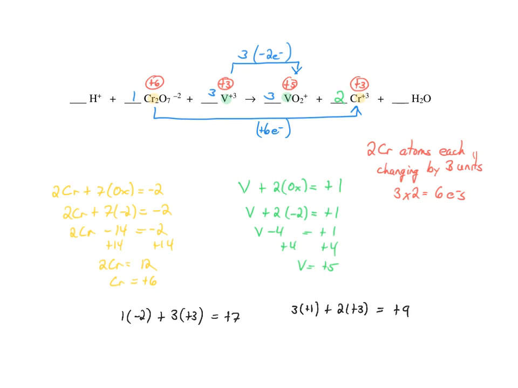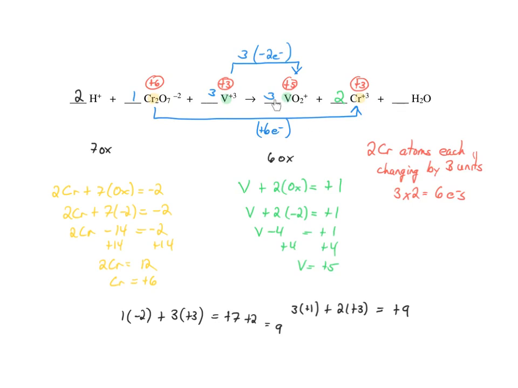To balance the charge, we need an additional 2 plus units on the reactant side, which means we need 2 H+ ions. Now the final step is to balance the oxygens. So we see we have a total of 7 oxygens on the reactant side.